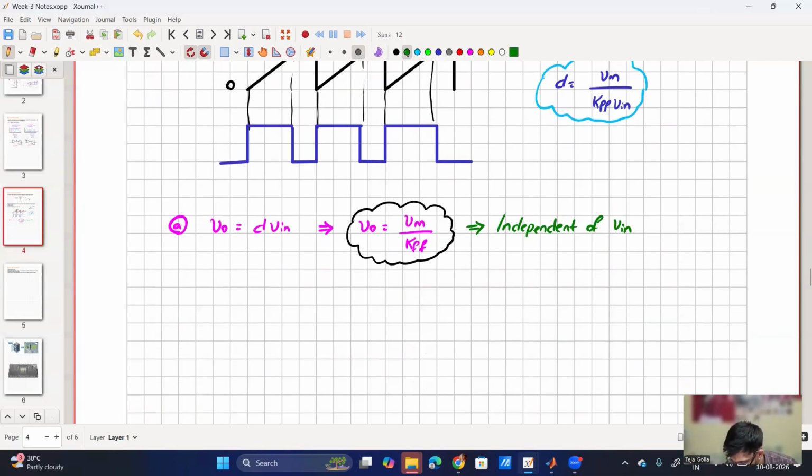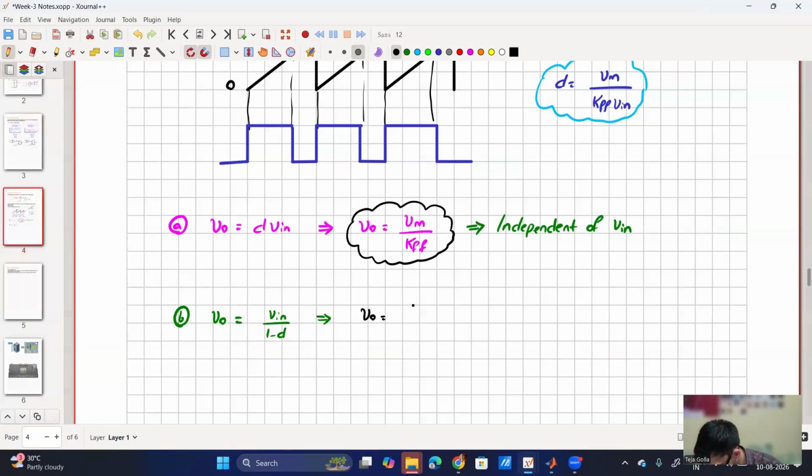So for boost converter, what is the output voltage expression in terms of input voltage and duty ratio? V0 by Vin equal to 1 by 1 minus D. Yes, 1 by 1 minus D. So now let us see what is my output expression.